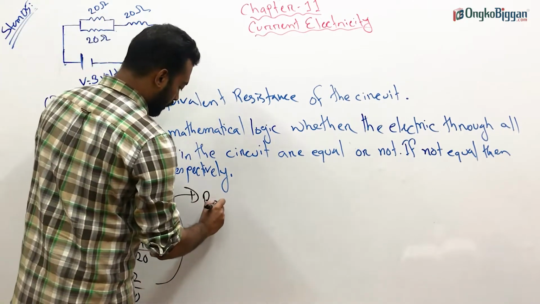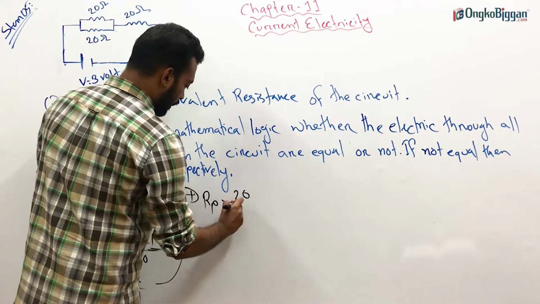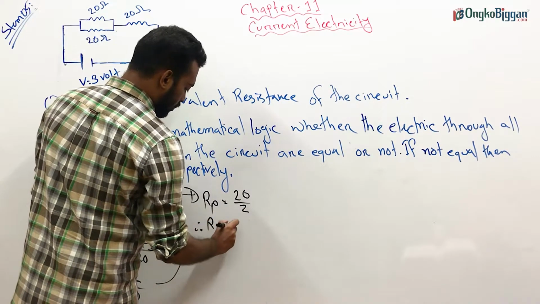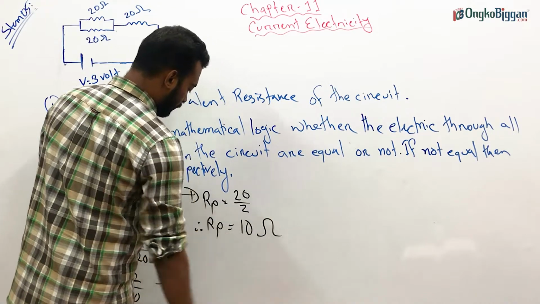So Rp is equal to 20 divided by 2. Rp is equal to 10 ohm.